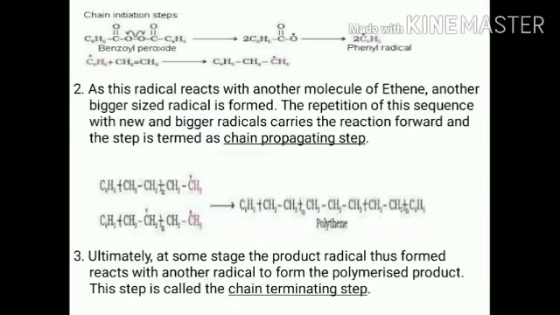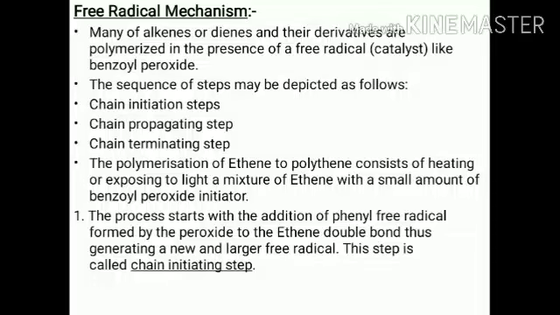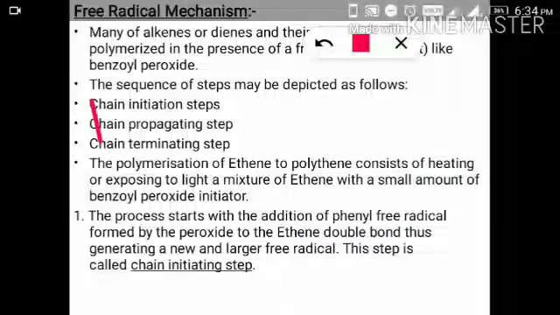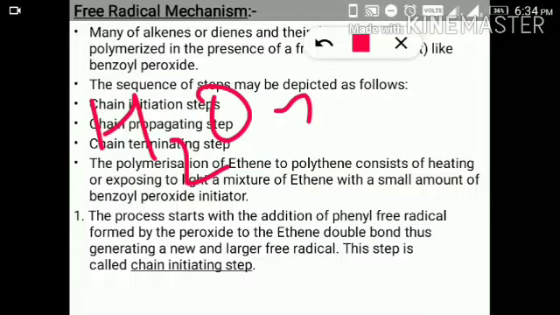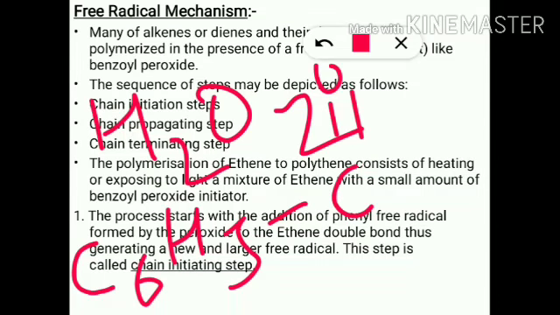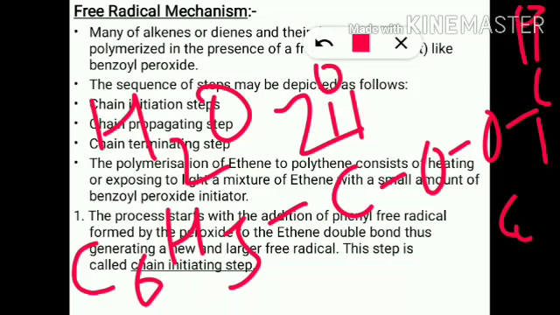Look at the example to understand. You know the formula of peroxide, H2O2, but benzoyl peroxide is C6H5C(=O)O-OC(=O)C6H5.